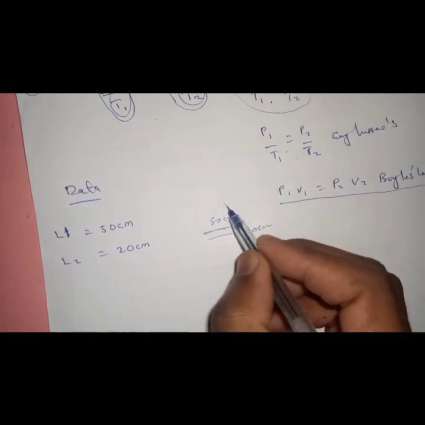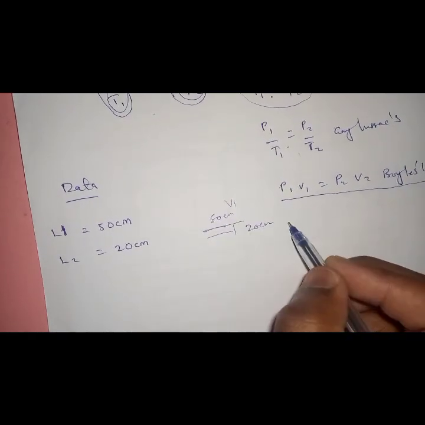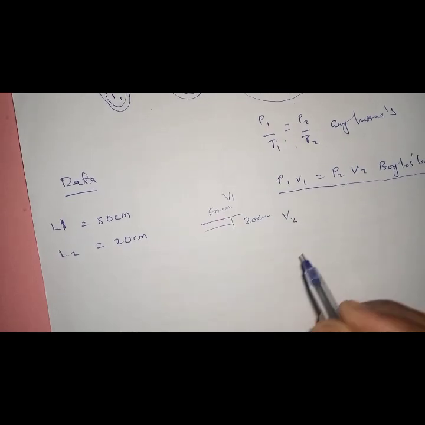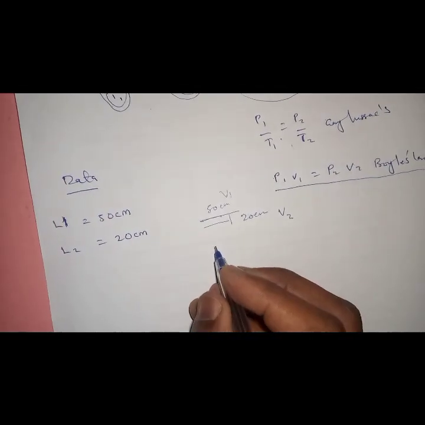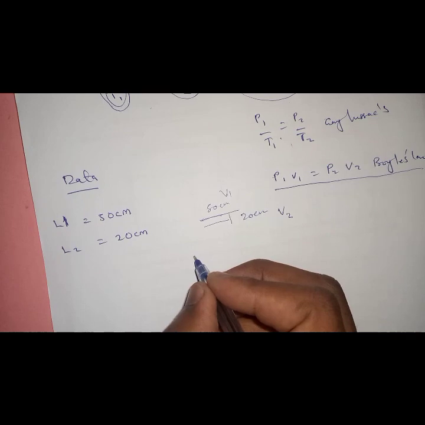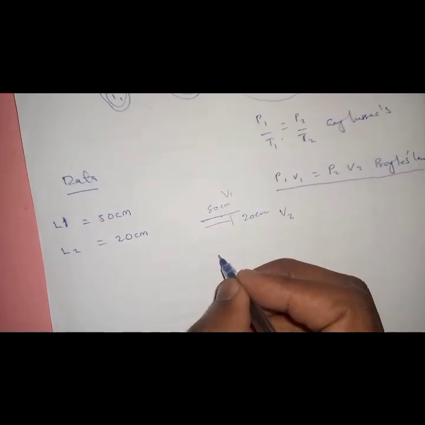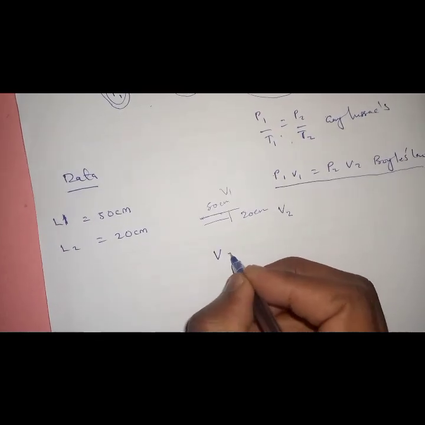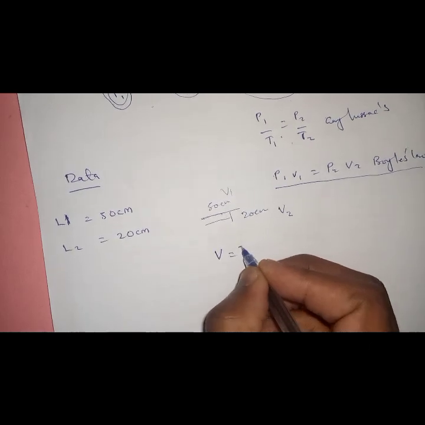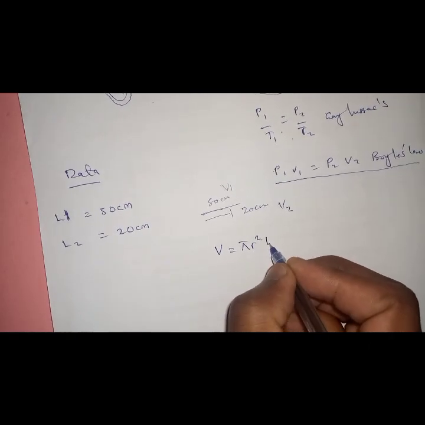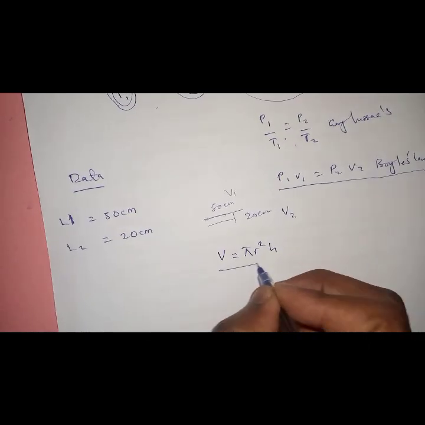So this is V1 and this is V2. Remember, we're talking about a cylinder. So if we wanted to calculate the volume, we know that our volume, if we are dealing with a cylinder, will be pi r squared h. But we are not given the radius.